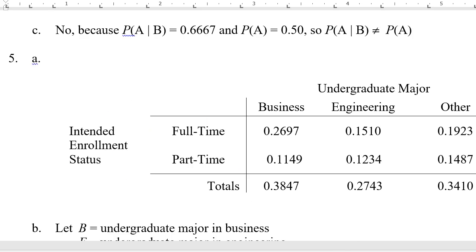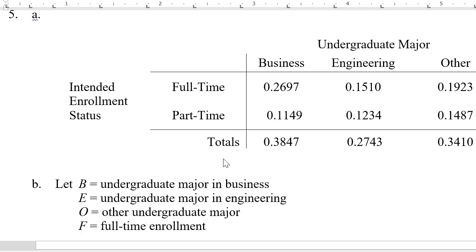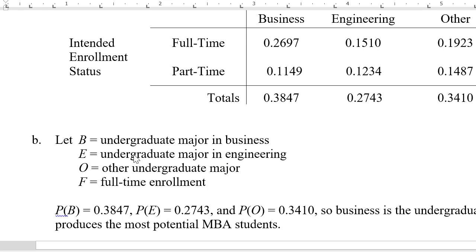For problem number 5, you were given some information about undergraduate majors and whether they're full-time or part-time. You're asked to create a probability table. So the joint probability table is listed here. For part B, if we scroll down a little, let B equal undergraduate majors, E is engineering, O is other, F is full-time enrollment.